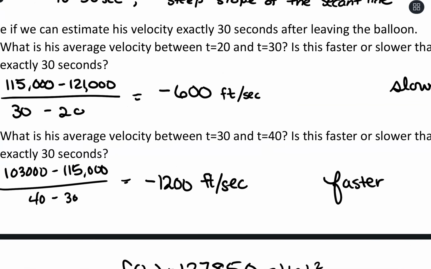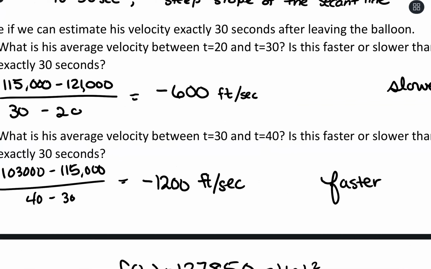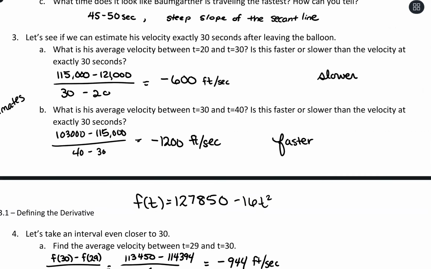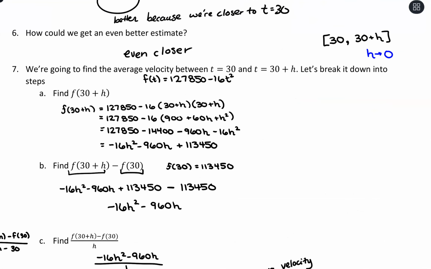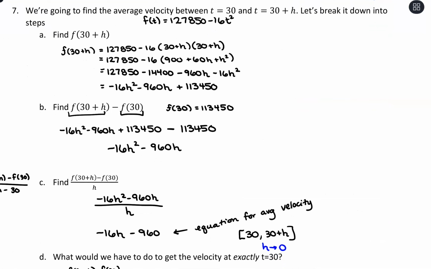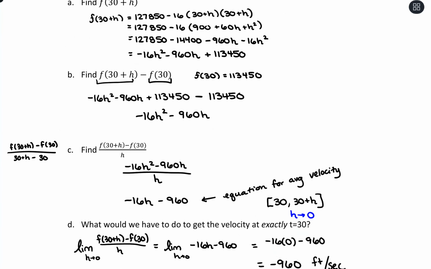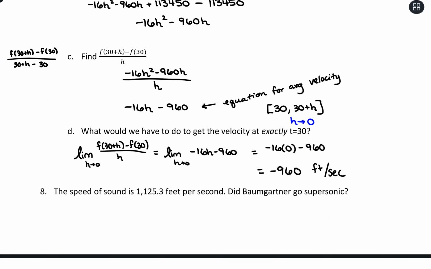It's definitely between those values we saw in part 3 as well, but again, that range was just so massive, it wasn't really telling us much. But with 4a, 4b, where we got a little more specific, you could see that. But then in this part 7, we got super specific by truly evaluating this instantaneous velocity at t equals 30 by looking at what happens to this average rate of change as h is approaching 0.